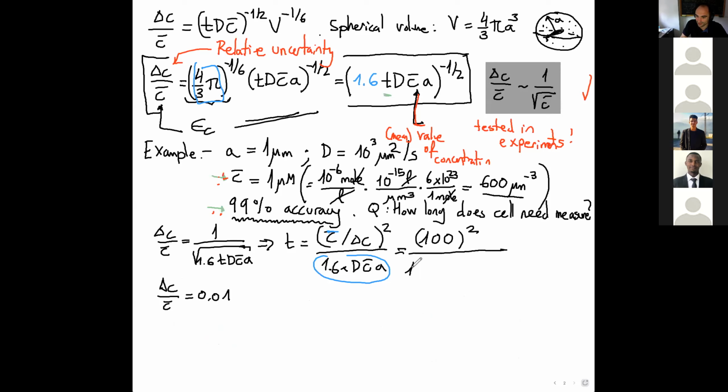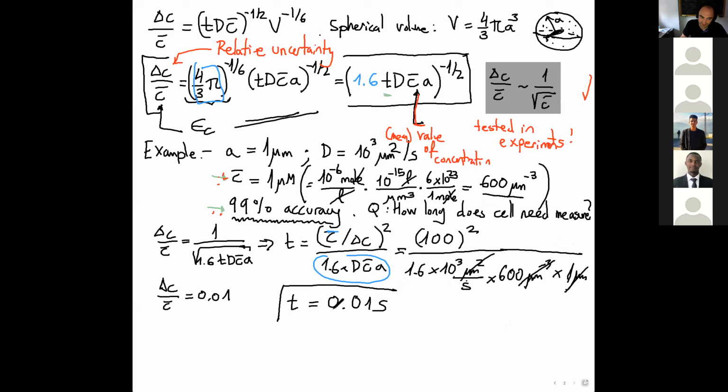And in the denominator we have 1.6 times D, which is 10 to the 3 micron squared per second, times C bar, which is 600 microns to the minus 3, times a, which is 1 micron. If I do this, micron, micron, micron, they cancel. There is the second that goes up, and what you get is T equals 0.01 seconds.